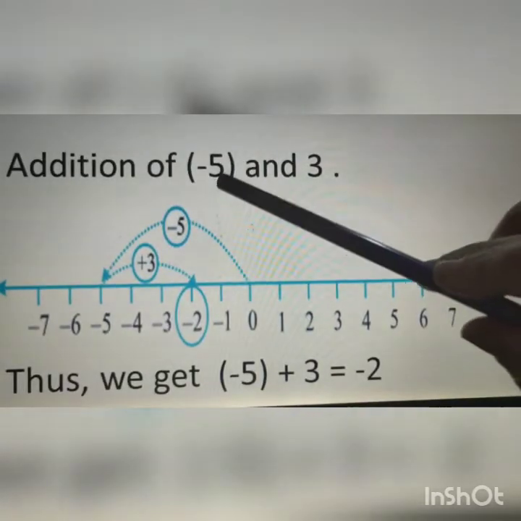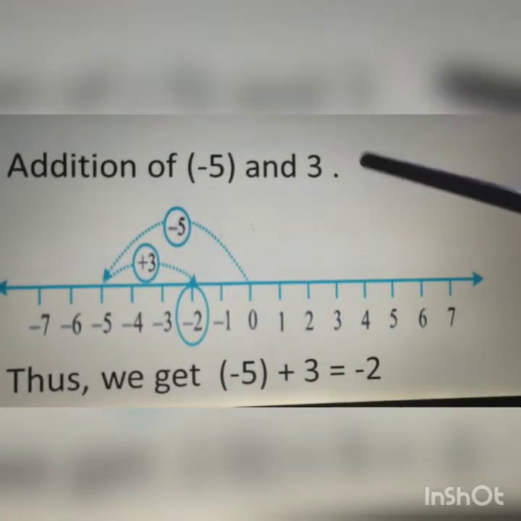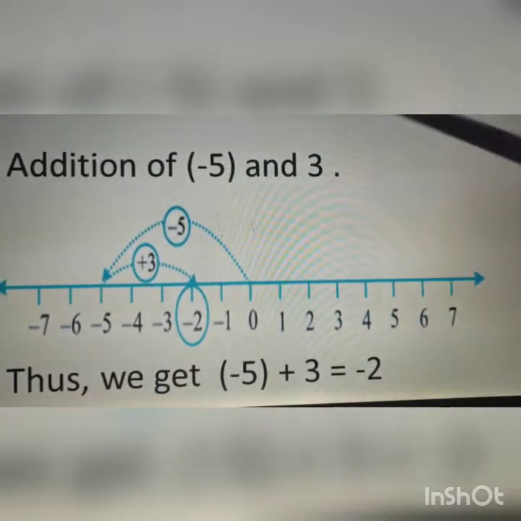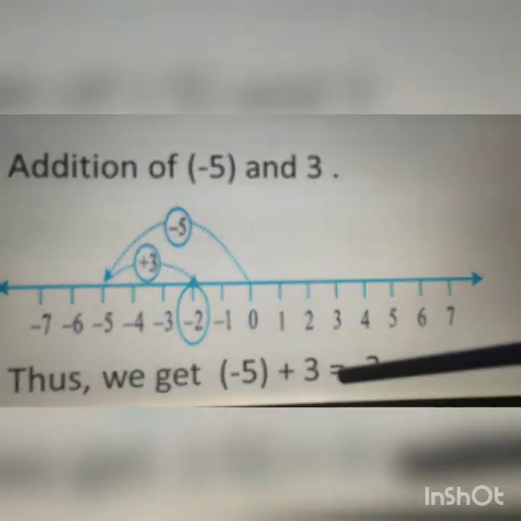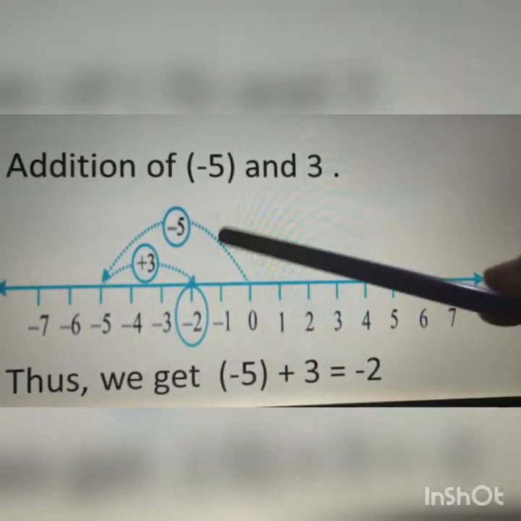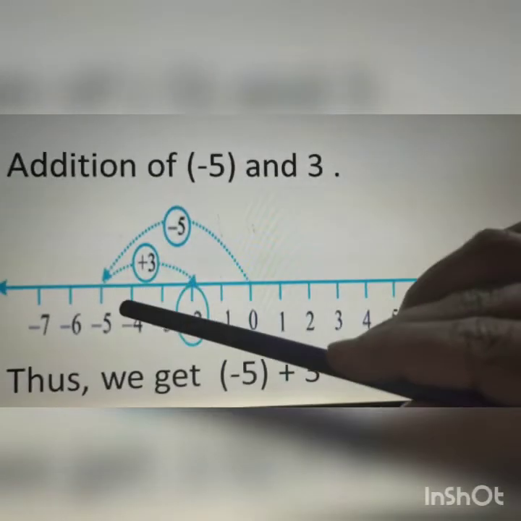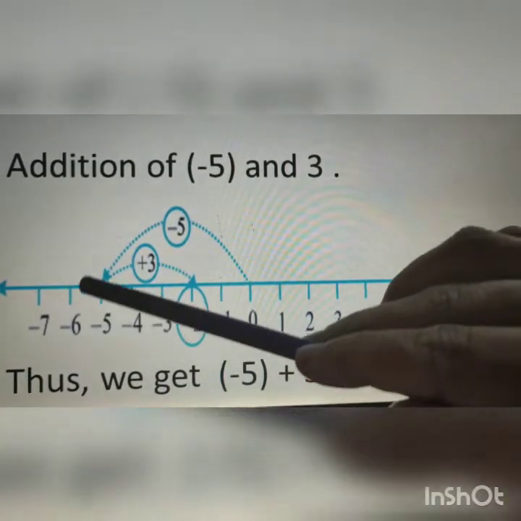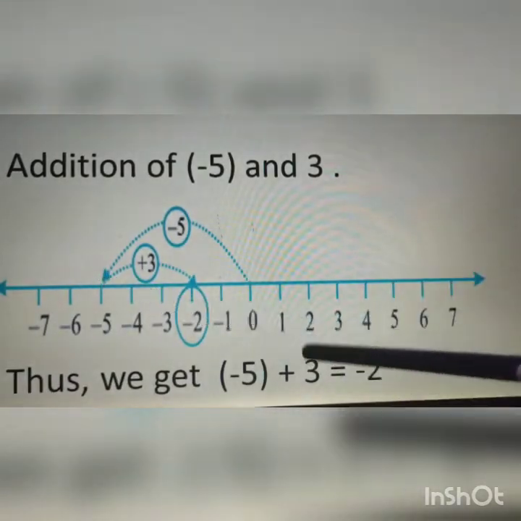Next, addition of minus 5 and 3. In the previous question we discussed plus 5 and minus 3. Here it is minus 5 and 3. First we will mark minus 5 on the number line. From 0 towards left, minus 1, minus 2, minus 3, minus 4, minus 5 we have marked. Then from minus 5, plus 3.